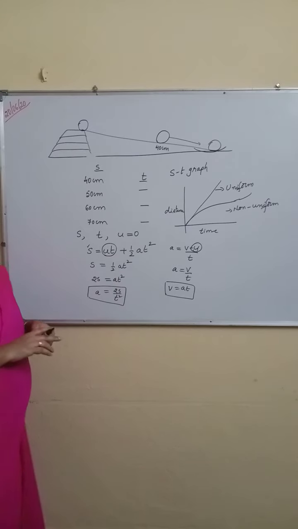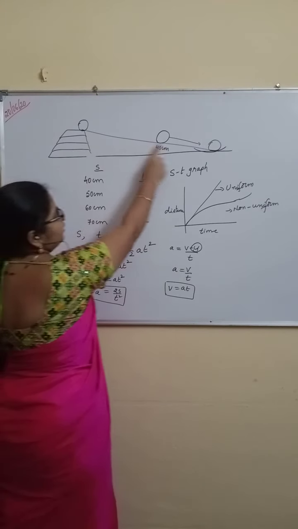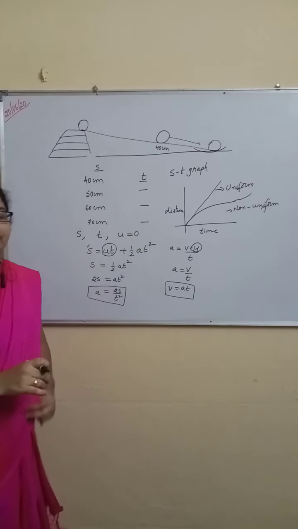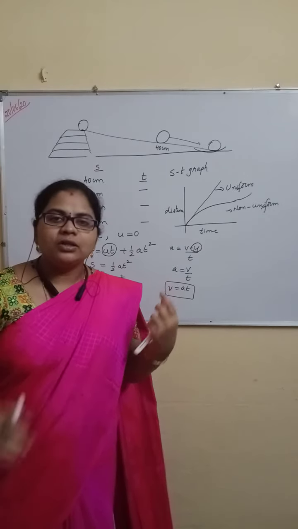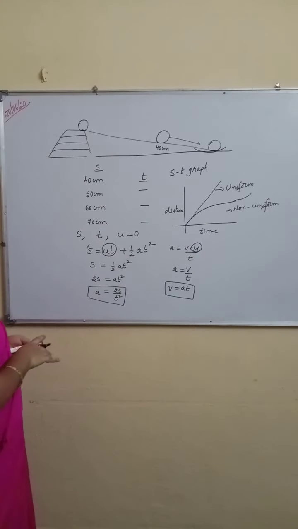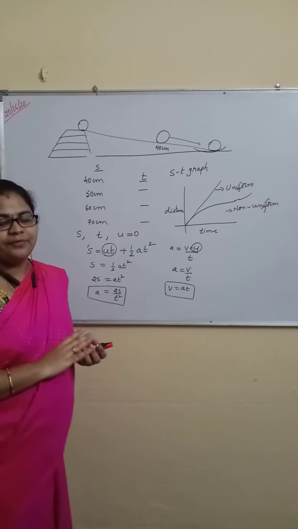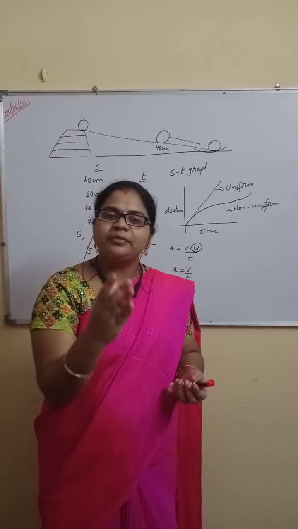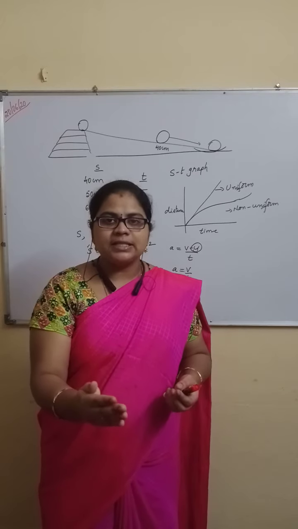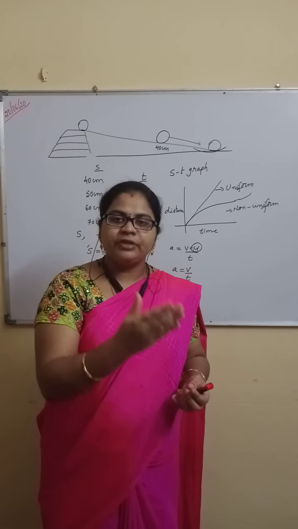So when a body is moving along the inclined position, here the total distance is 100 centimeters. We have to keep the marble at different positions like 30 centimeters, 40 centimeters, 50 centimeters.